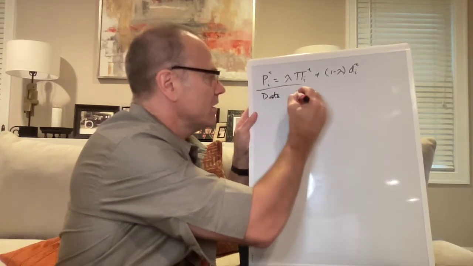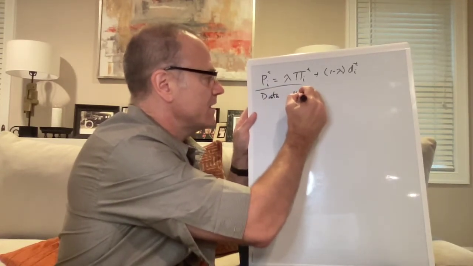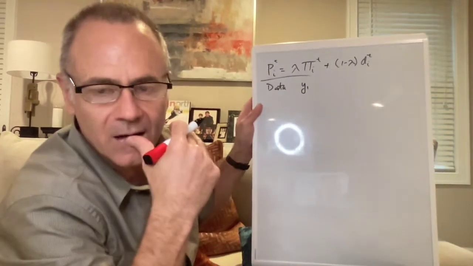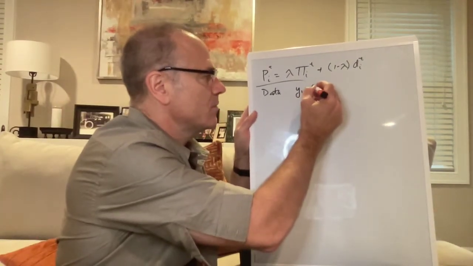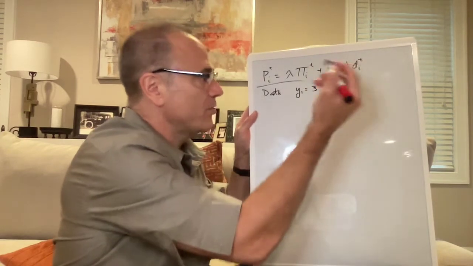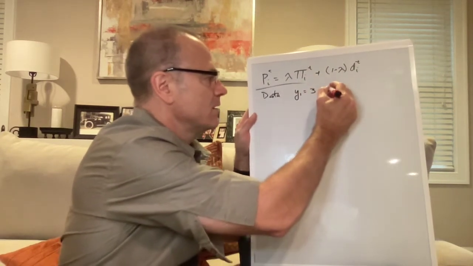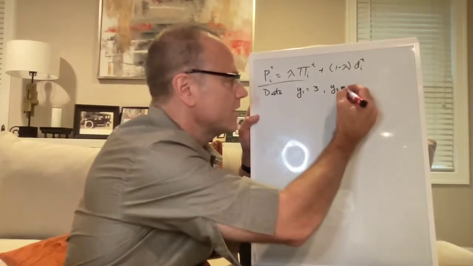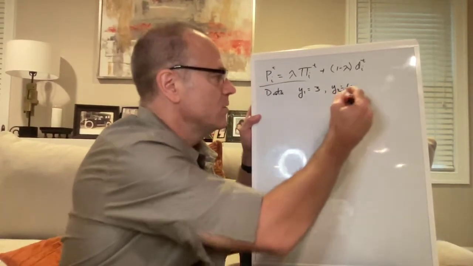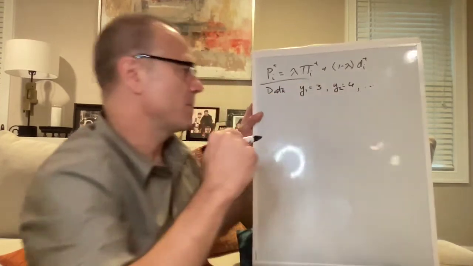Data, and say in the first case, so in country 1, say party 3 was selected. In country 2, observation 2, say party 6 was selected, and so on.